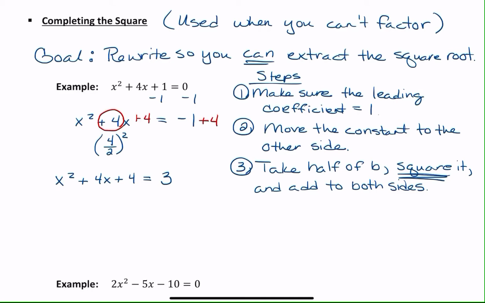Now what I've done here is this has become a perfect square. If I factor that, it will always factor into x plus whatever half of b was, squared.